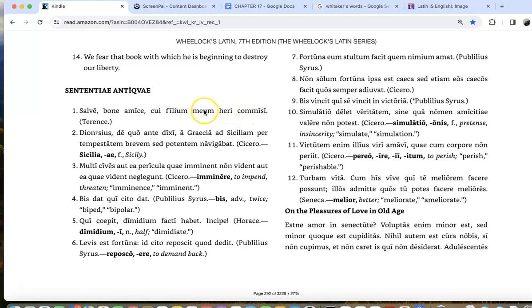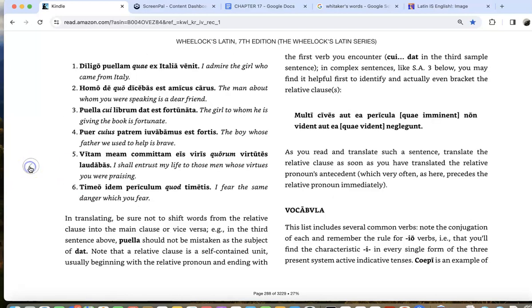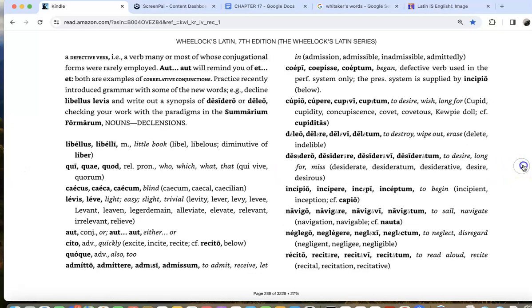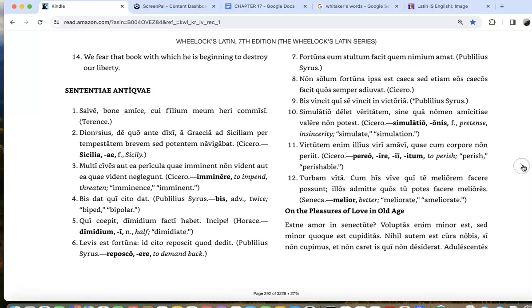This is an adverb. This is a possessive adjective. Here's the direct object in the accusative case. So here's our cui, which I just noted a moment ago, is in the dative case. And so we put it all together. We have greetings, my good friend, to whom I sent yesterday my son.